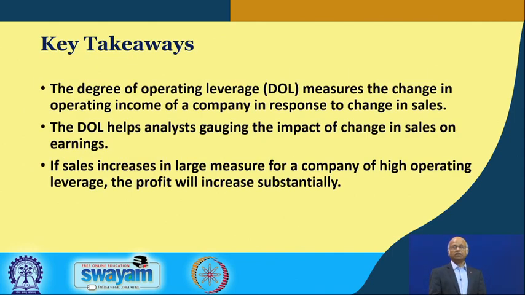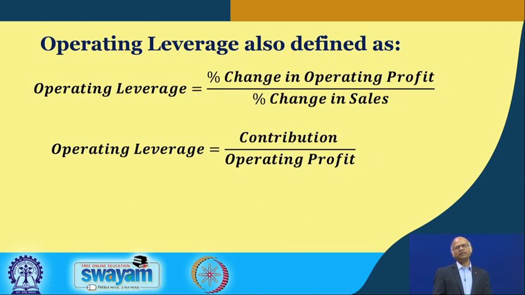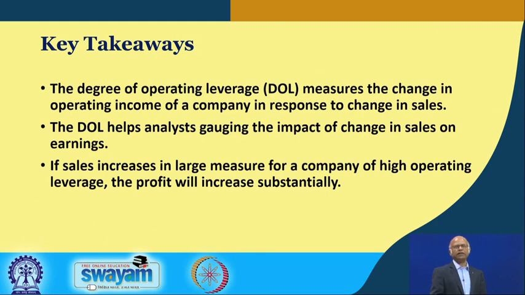Key takeaways: the degree of operating leverage measures the change in operating income of a company in response to change in sales. Obviously, the first formula here clearly says that, and we have seen that through estimation of percentage increase in profit. It helps analysts in gauging the impact of change in sales on earnings.